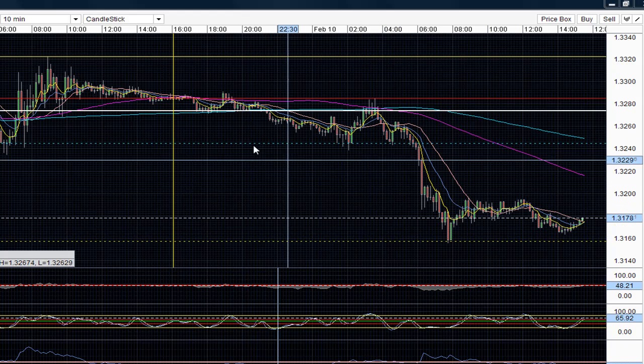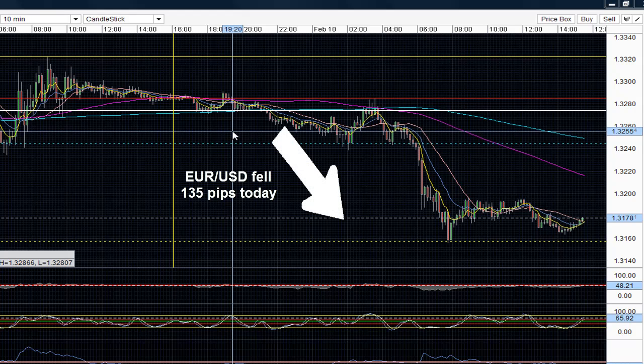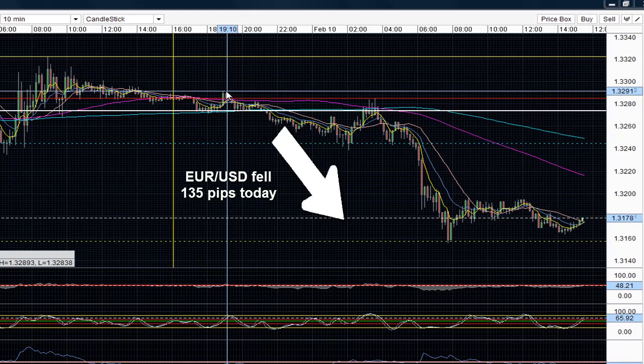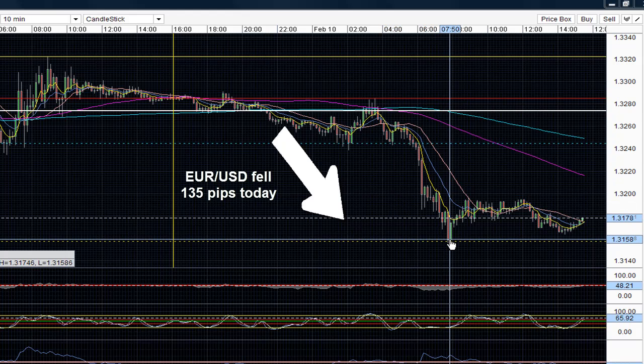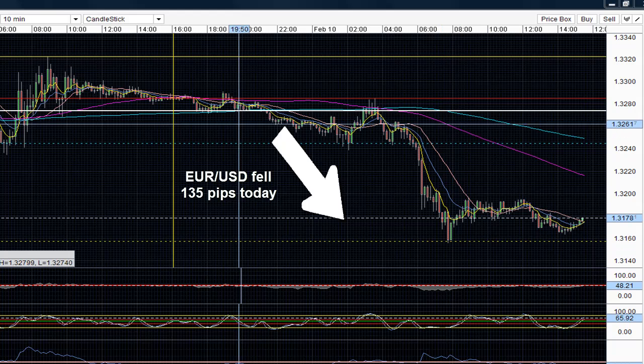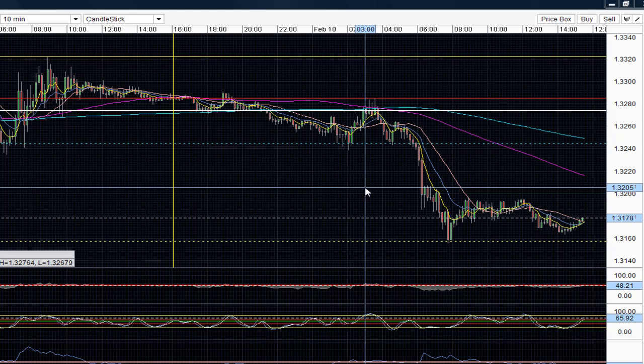So this is what happened, and actually the pair fell about 135 pips from the high here at 1.3291 down to our session low here at around 1.3156 for about a 135 pip slide in the pair. And actually the euro weakened across multiple currency crosses today. So it was pretty much euro weakness today. That was the theme for today.